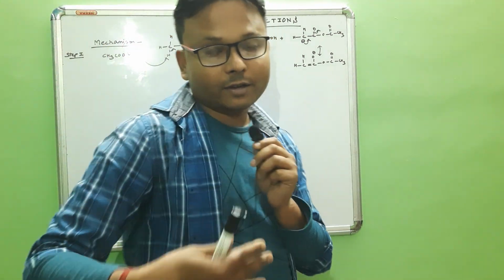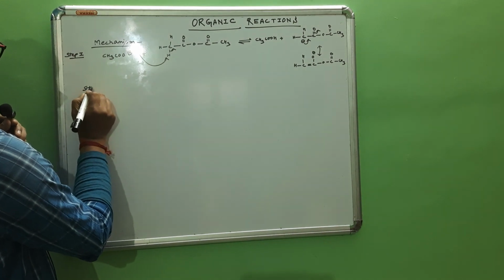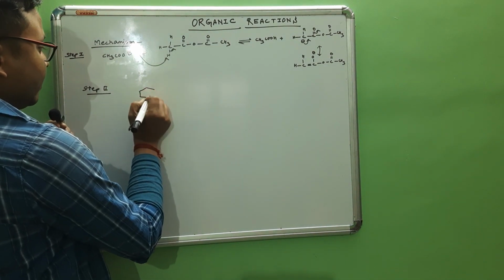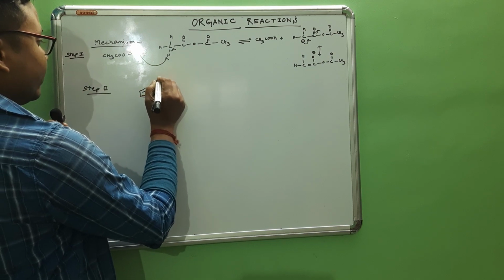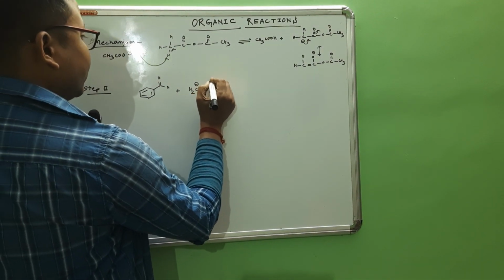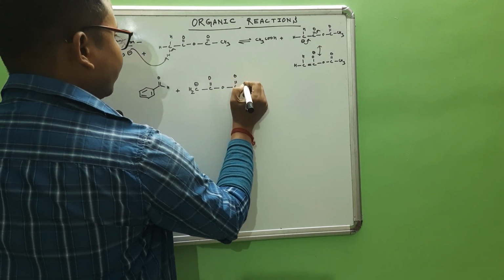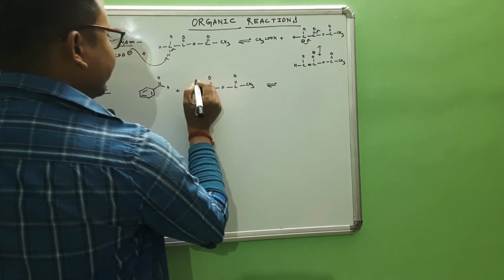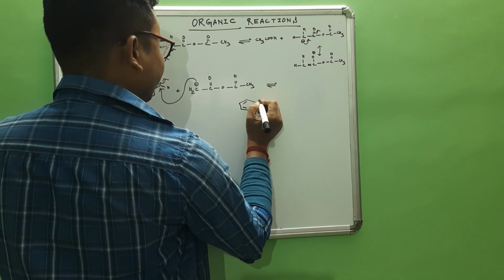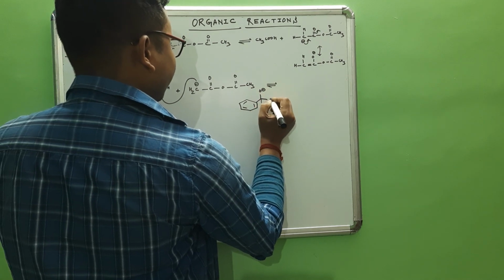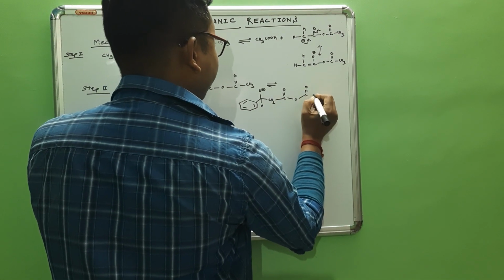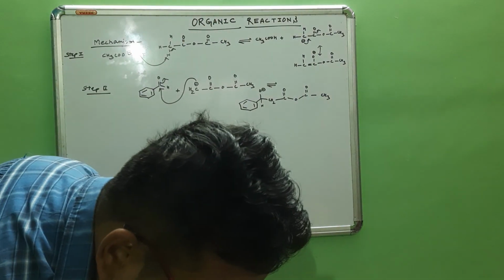In step 2, now the aromatic aldehyde will come into the picture, with C=O and CH3. All these are reversible reactions.